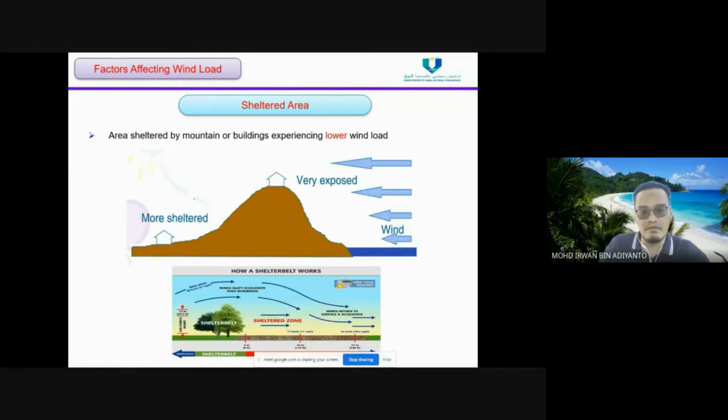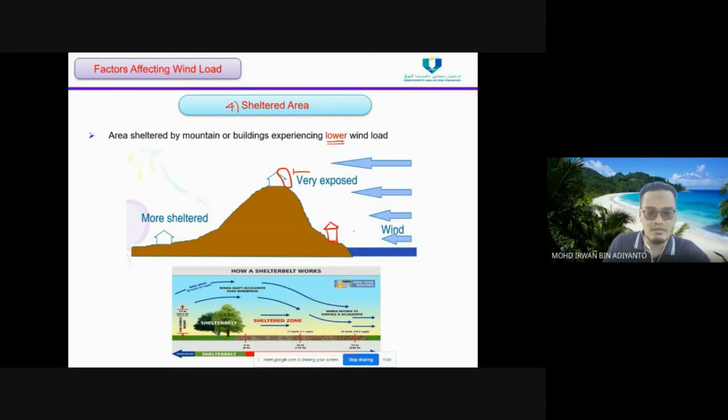And then factor number 4 is the sheltered area. An area sheltered by mountains or buildings will experience lower wind load. So this is clear, for this part it is open. Also, let's say we have a house here.